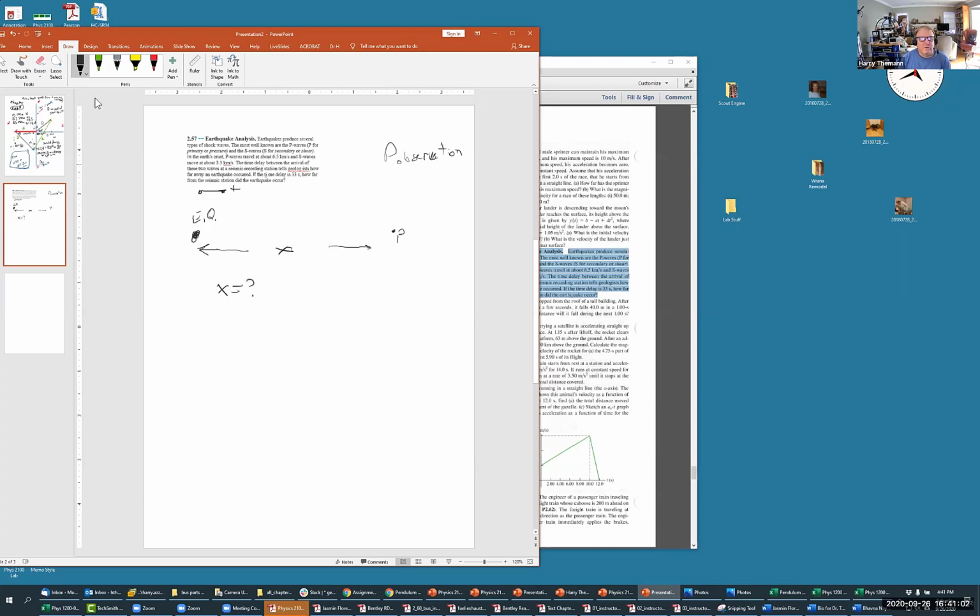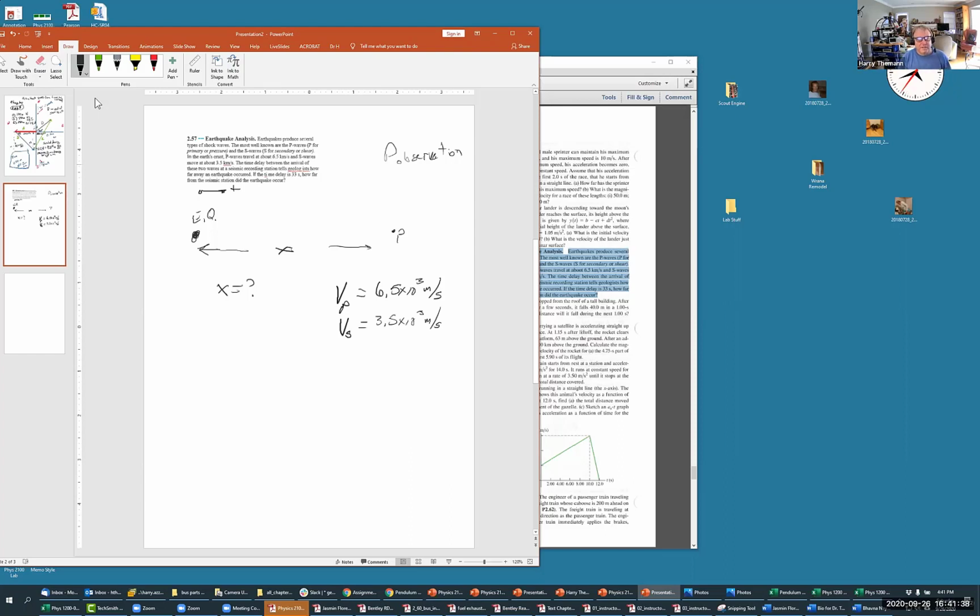And so we have velocity of P equals 6.5 times 10 to the third meters per second. Velocity of S equals 3.5 times 10 to the third meters per second.